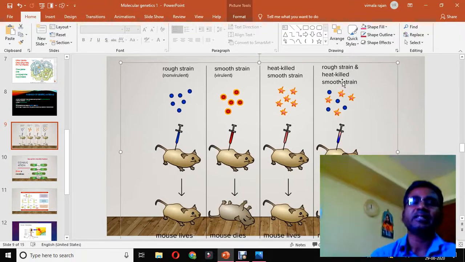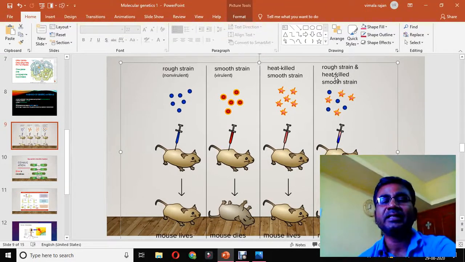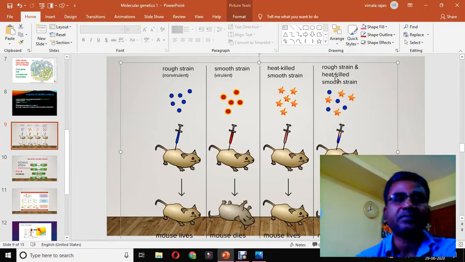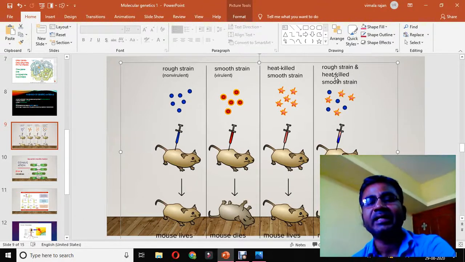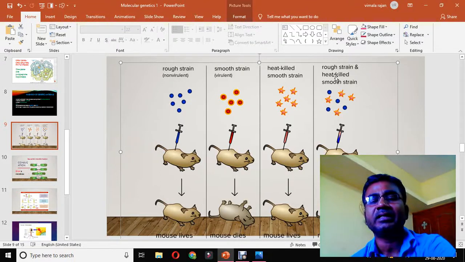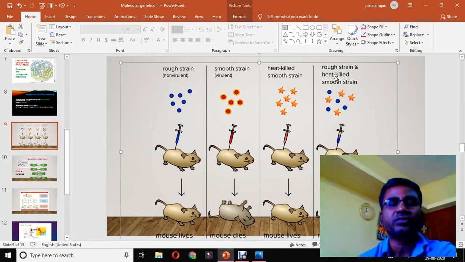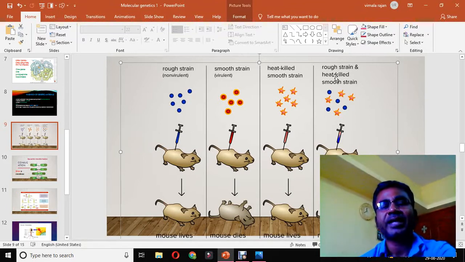Actually, the DNA from the heat killed smooth strain is transferred to the rough strain, and it makes the rough strain into smooth strain. Once the DNA enters the rough strain, it is changed into smooth strain.